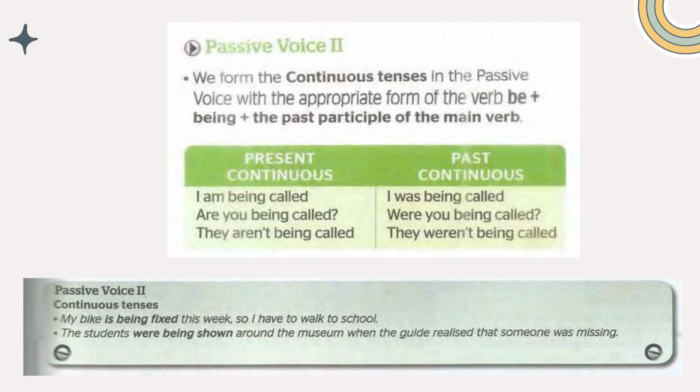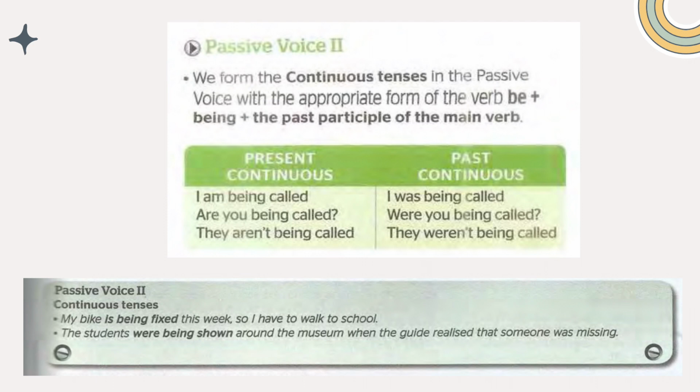They aren't being called. When we change to the past continuous, it will be: I was being called. Were you being called? They weren't being called. As you notice, in the present continuous and the past continuous, it used being. But the verb be was changed.